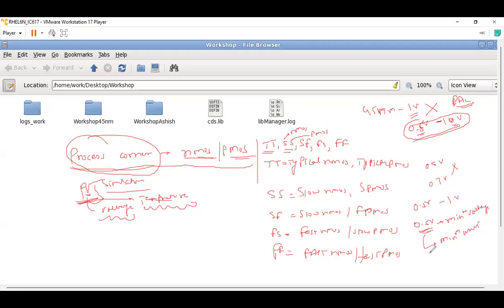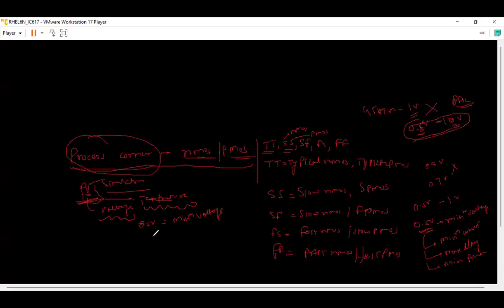Minimum current means you will get the maximum delay and minimum power consumption of your circuit. If anyone has any doubt about what I'm saying: if you are using the minimum voltage, let us say 0.5 volts, you will get the minimum current.